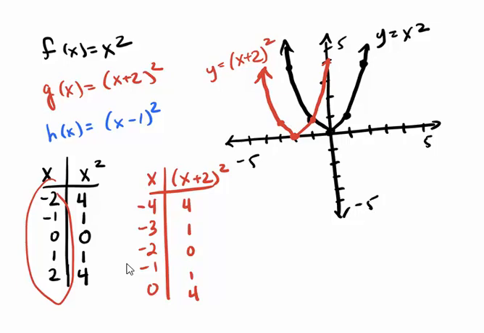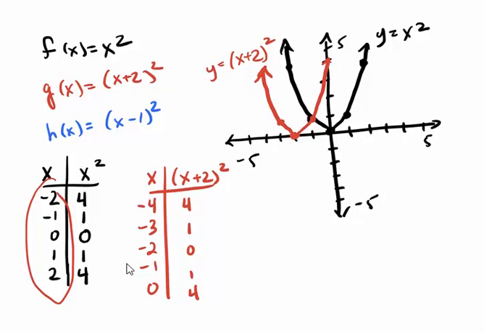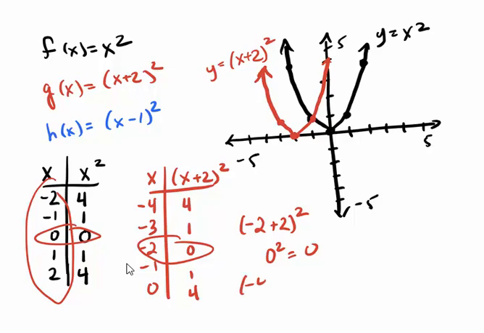When you plug those in, you add 2 to the x's, you get the same x's you had in the original table. For instance, if I do -2 plus 2 squared, I get 0 squared, which is 0. Or if I do, let's say -4 plus 2 squared, I get -2 squared, which is 4.